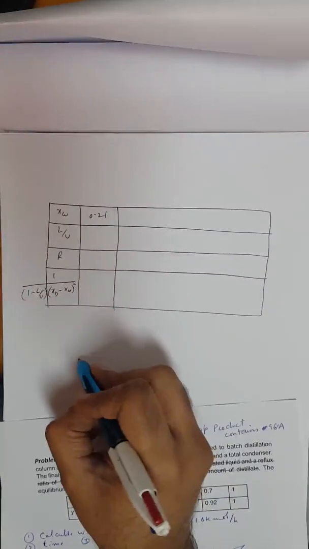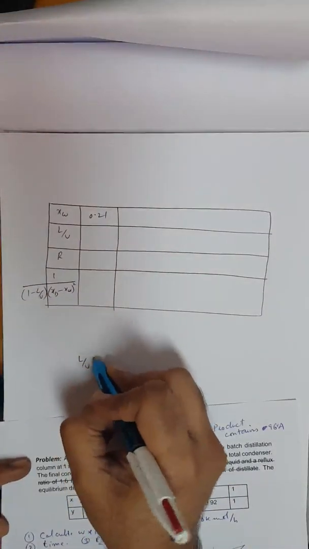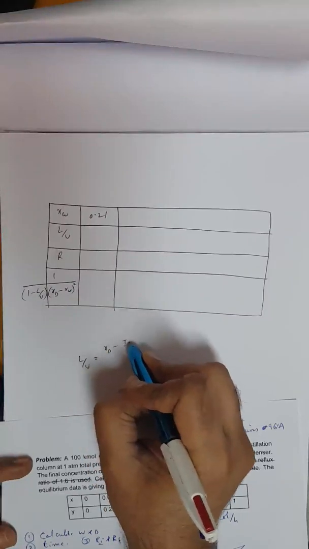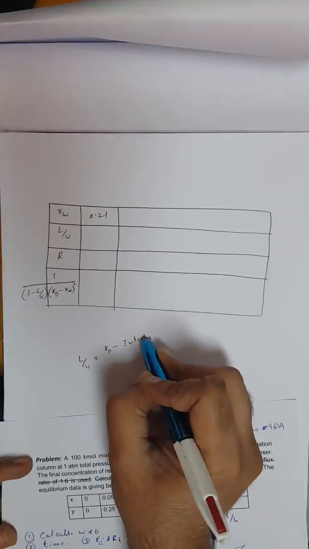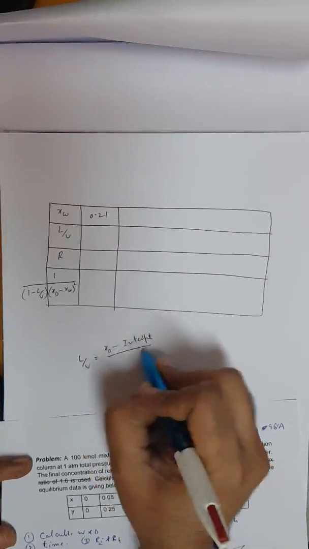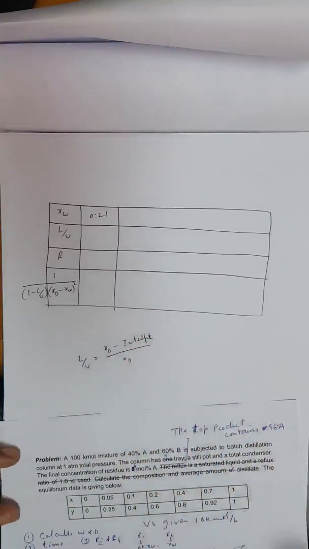L over V, I can calculate the slope. I told you the equation. What is the equation? Slope. So xd minus intercept divided by xd. So in my case, 0.4.